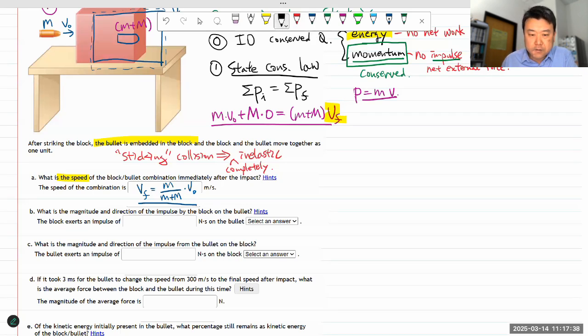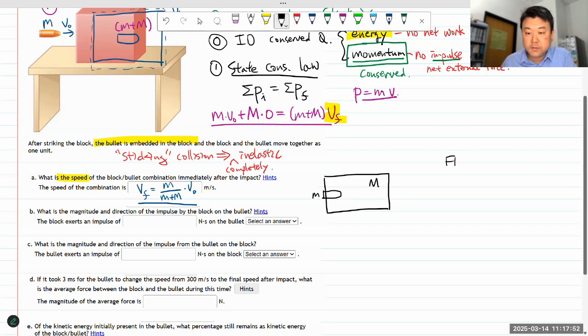So we are thinking of what's happening in the process of the collision. The bullet is getting embedded. So I can draw free body diagrams for this bullet and the block. The bullet is slowing down, so there must be an applied force this way.